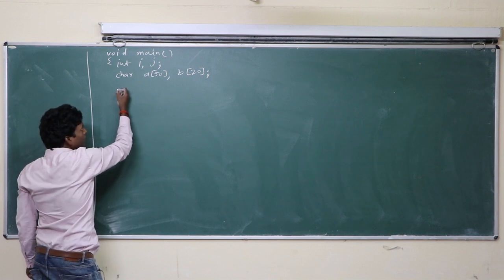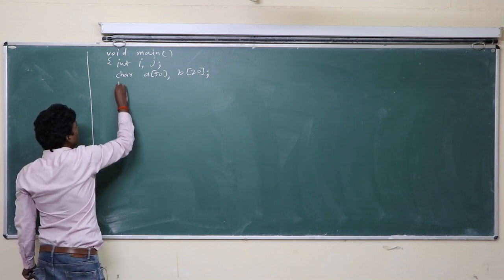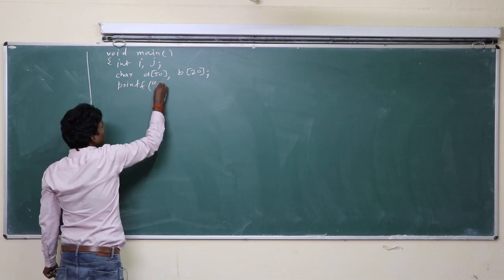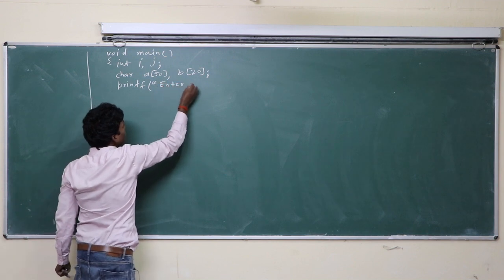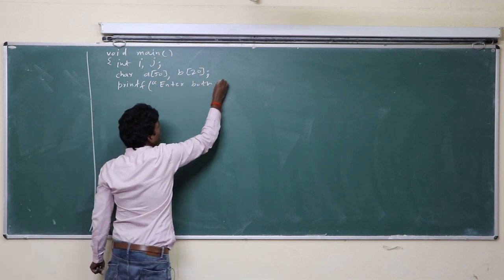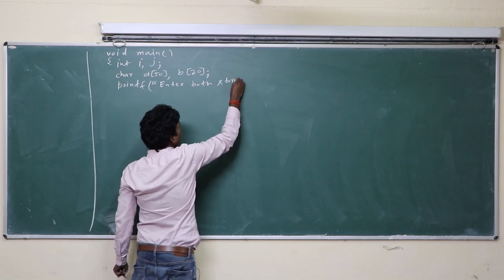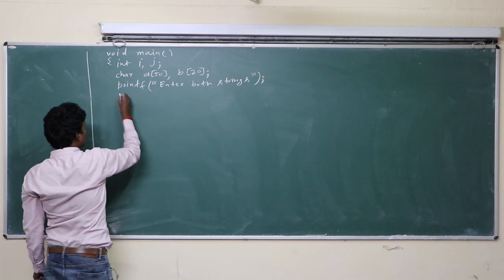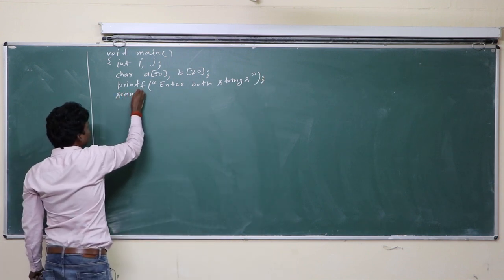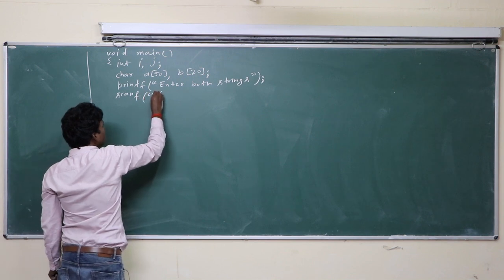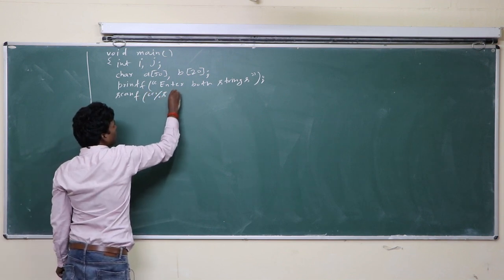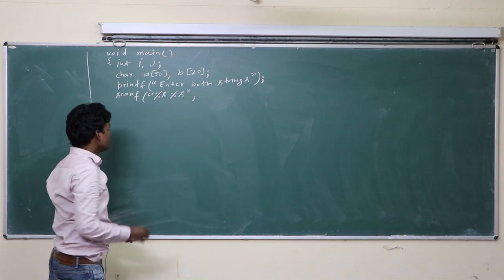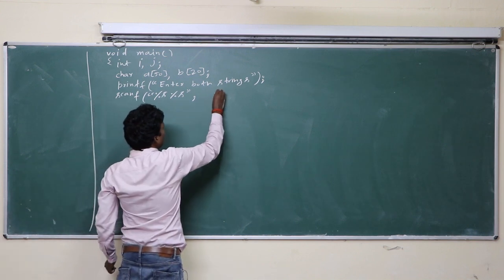printf enter both strings. scanf %s %s, a comma b.